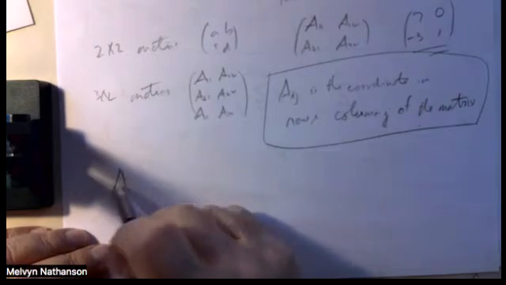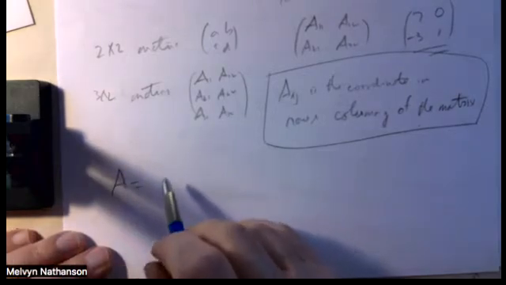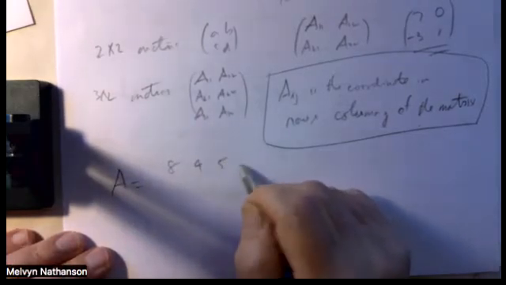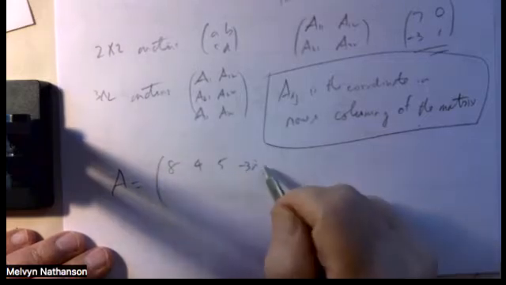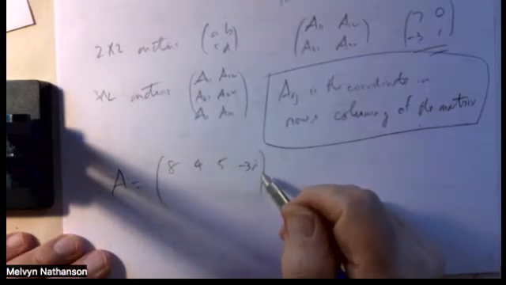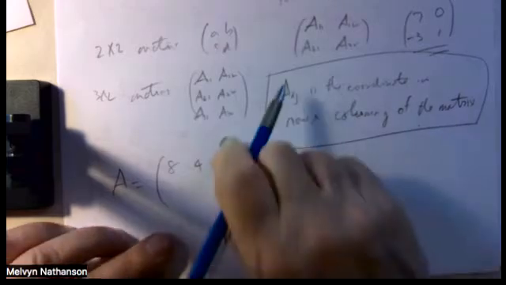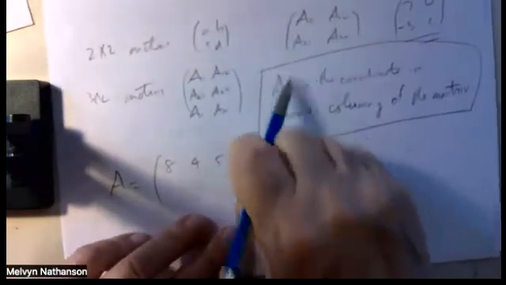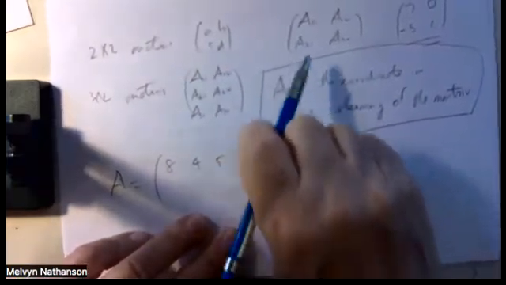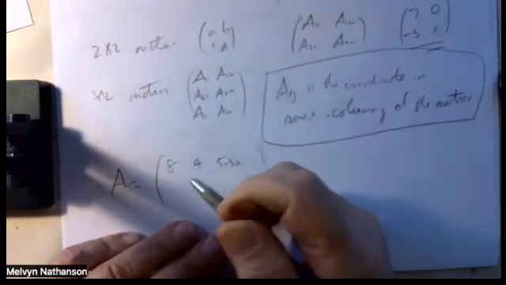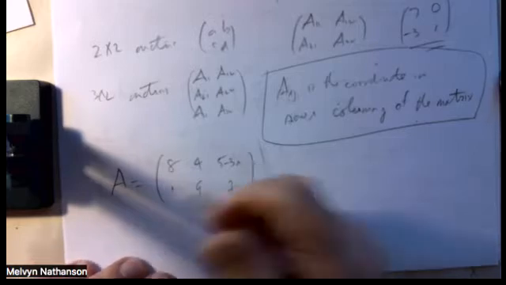So for example, if A is the matrix 8, 4, 5 minus 3i in the first row, and 1, 9, 7 in the second row, this is a matrix with complex numbers as coordinates. It's a 2 by 3 matrix, 2 rows, 3 columns. The third coordinate in the first row is 5 minus 3i.